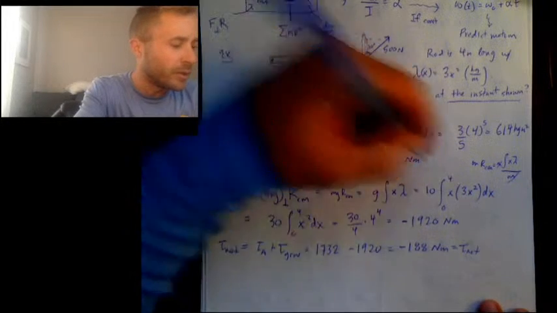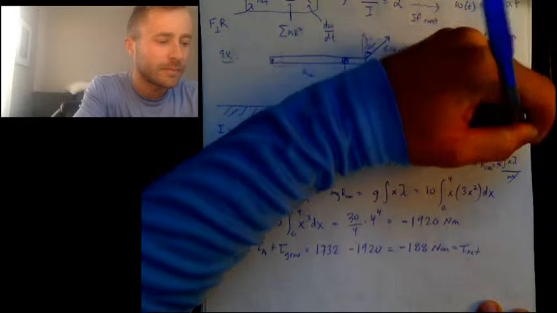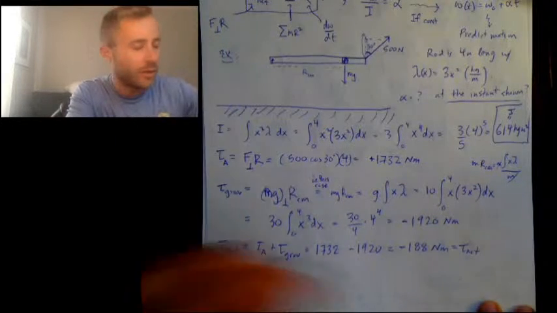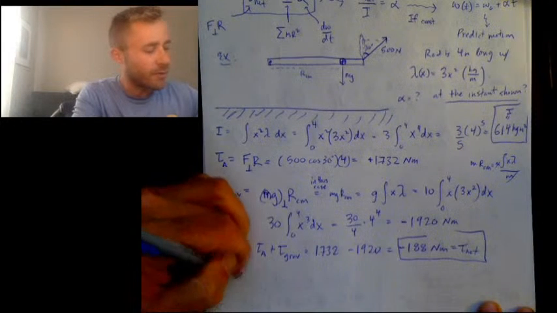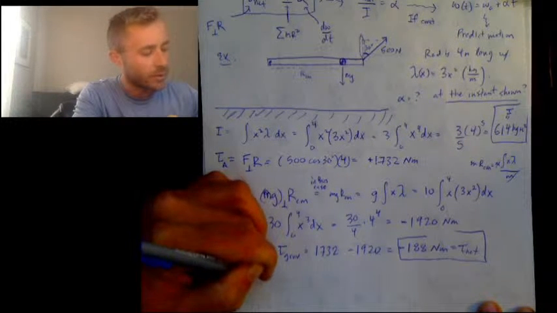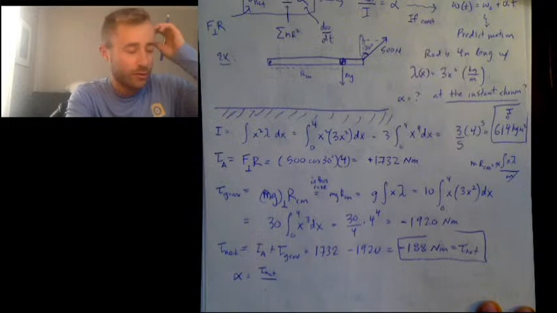So I know what the inertia is. I know what the net torque is. So I can calculate alpha, which is net torque over I. And by the way, this is a rigid body. It's a rigid rod, so I can apply this equation.